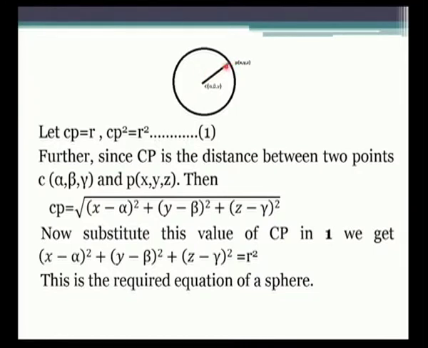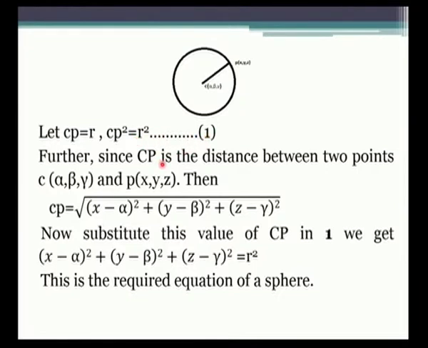Let CP is equal to r, which is nothing but radius of the sphere. Then CP square is equal to r square. That means both sides of this equation are squared. So, we got CP square is equal to r square. Let us keep this as equation 1.